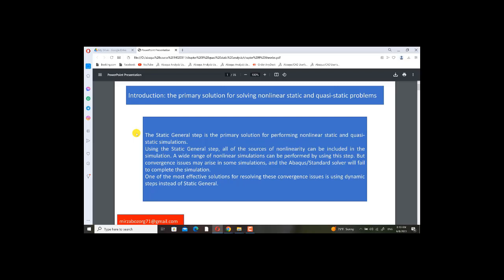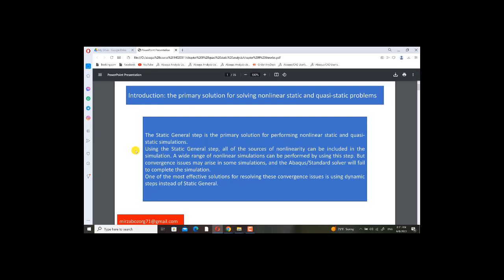For the tensile test, we had two nonlinearities. One, the plastic behavior, second, nonlinear geometry, which is related to large deformations, and a static general step was successful in solving all of these. Using the static general step, all of the sources of nonlinearity can be included in the simulation.